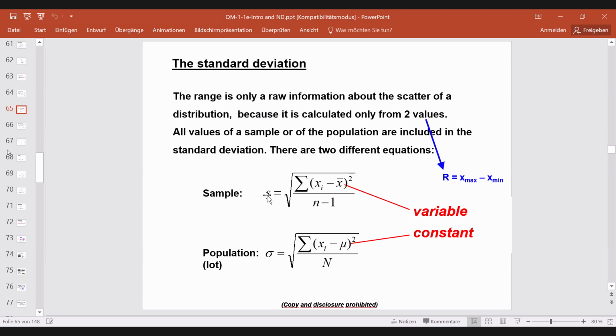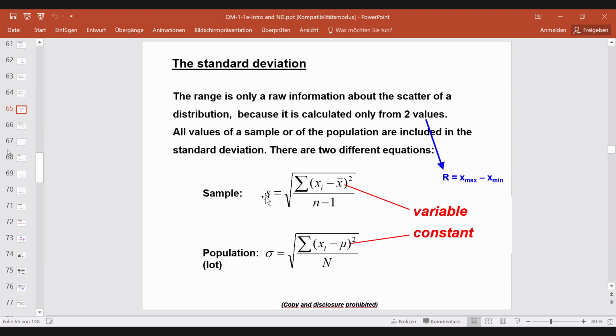And the sample value can be variable. If you take out a sample of 10 parts, you get a mean, and if next time, maybe the next day, you take 10 parts out of the production, you get another mean. So this s is a variable thing. This is a value which can differ.